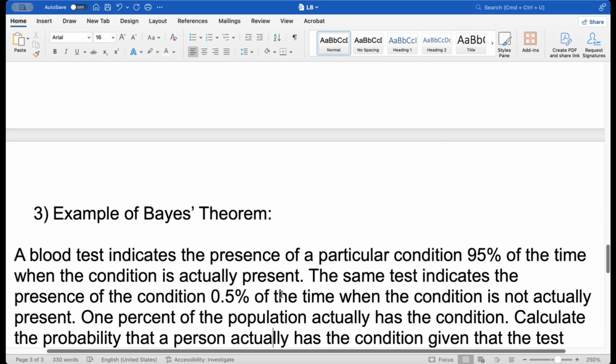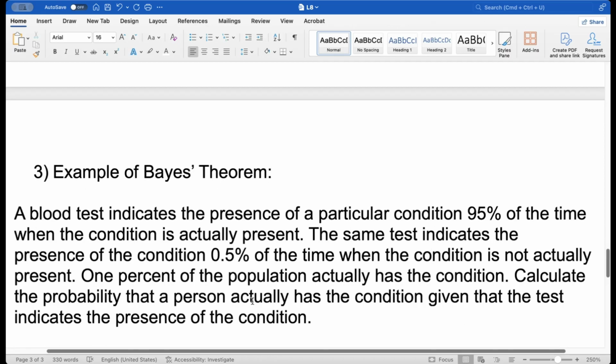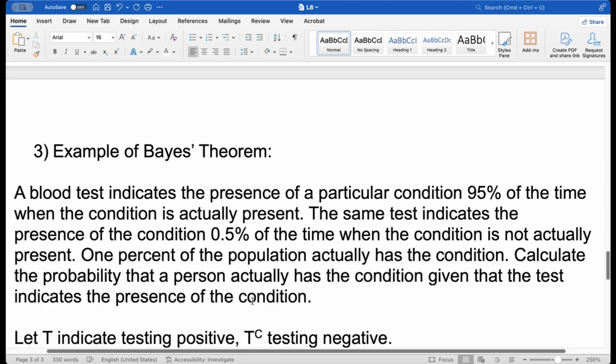The same test indicates the presence of the condition 0.5% of the time when the condition is not actually present. 1% of the population actually has the condition. Calculate the probability that a person actually has the condition given that the test indicated the presence of the condition.